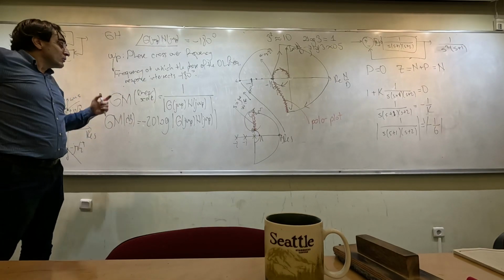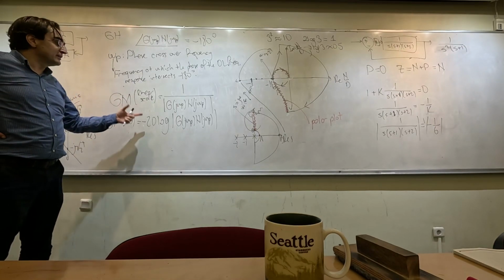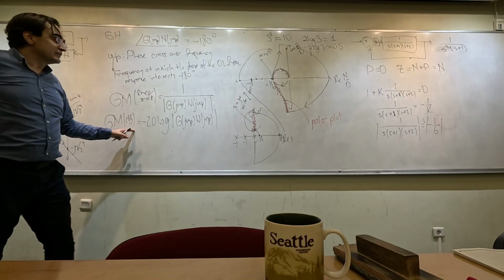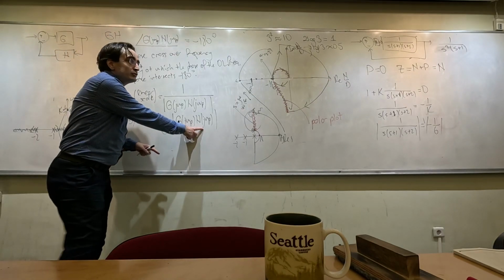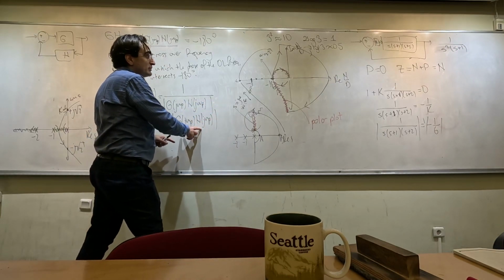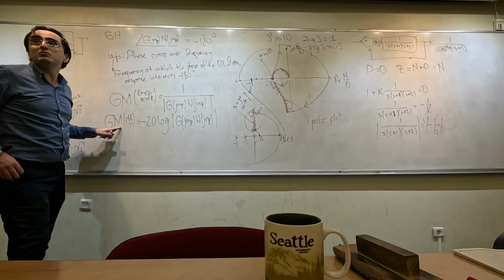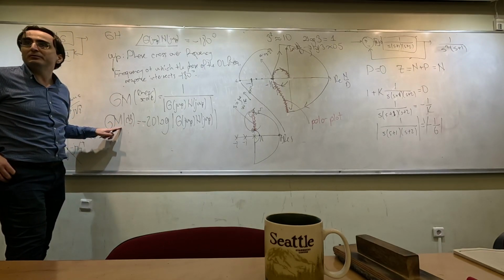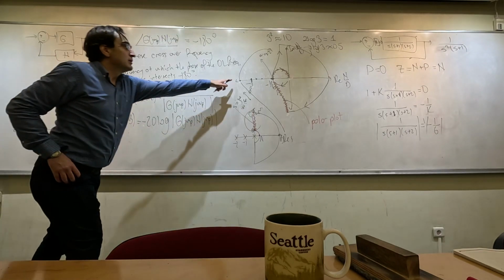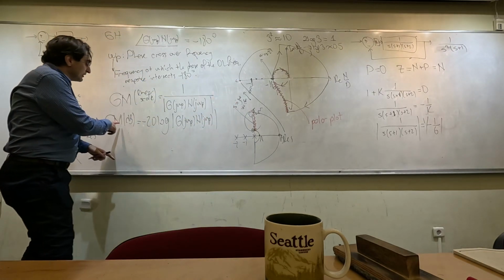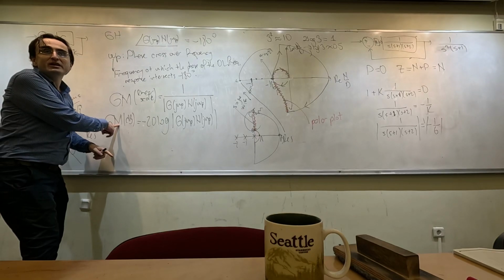So when you look at these gain margin values in dB scale, in such a case, if this magnitude is larger than 1, then the gain margin is going to be negative in dB scale. Magnitude being larger than 1 means instability, so gain margin is going to be negative.